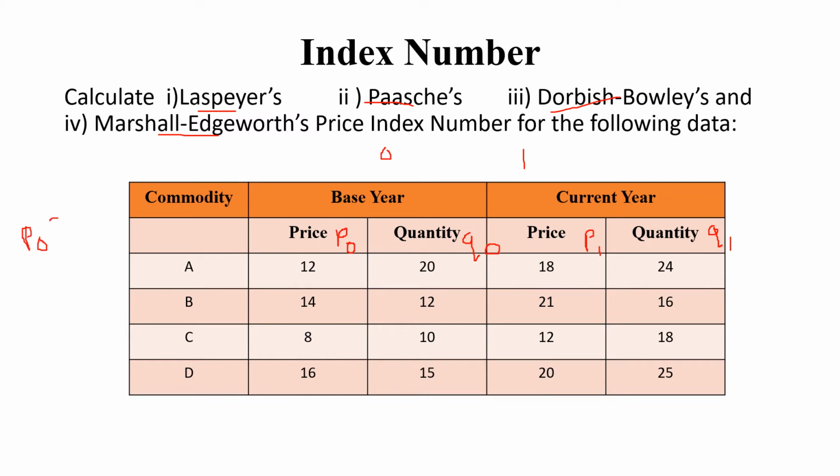The columns are not so difficult. You may go with the factors: base year price with base year quantity, then current year price with base year quantity, that is P1 into Q0, then base year price with current year quantity. Not changing the sequence of Q1 and Q0, you may put down like that only, P1 and Q1.